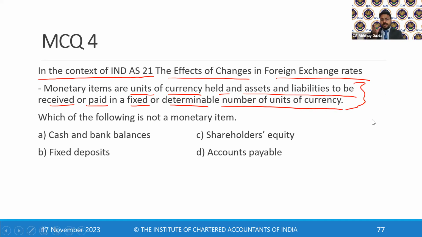We have already studied what the monetary items and non-monetary items are, and examples of them. Now, which of the following is not a monetary item? Just try. Once you are done, I will discuss the solution or the answer. As such, no solution here.